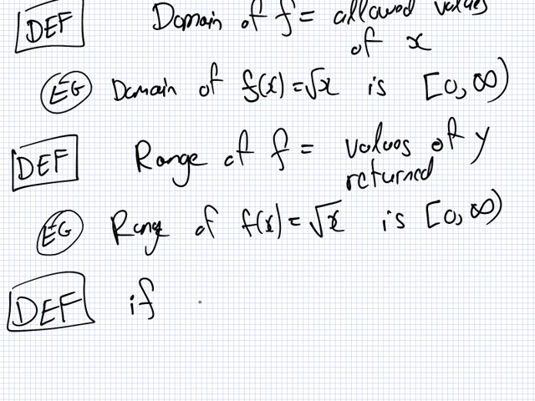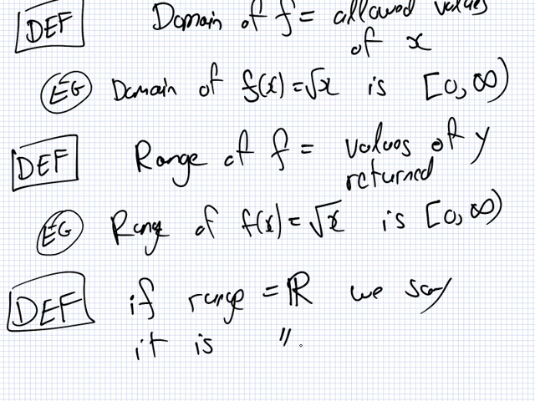If the range is equal to all real numbers, we say it is onto. So if I describe a function as onto, it means I'm saying its range is all the real numbers. You look so worried, Lee. Too much English? Yes. I'll draw some pictures now, okay? But write this down.